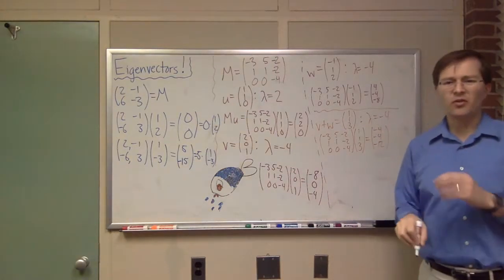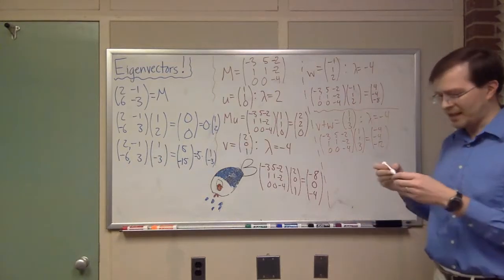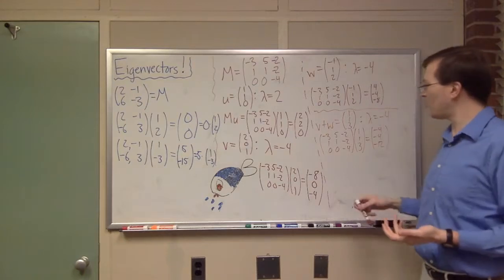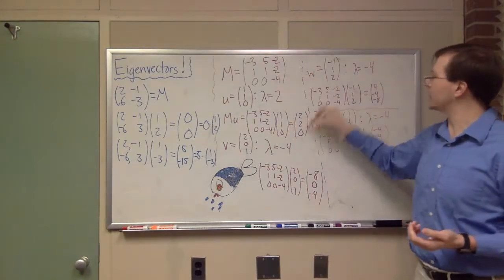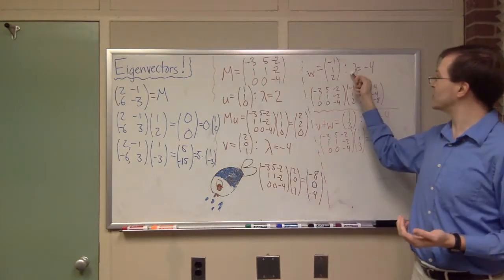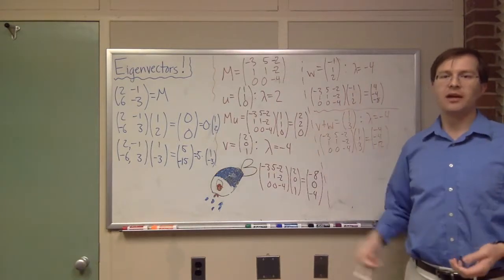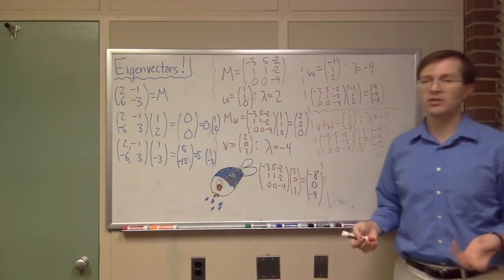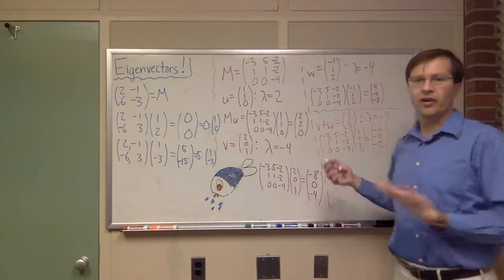So wait a minute. How many eigenvectors do I have? I said I can have up to n independent eigenvectors. Well, what does this mean? I now have 4 eigenvectors for this system. The trick is that anytime you have 2 eigenvectors with the same eigenvalue, any linear combination of those 2 eigenvectors is going to give you another eigenvector.